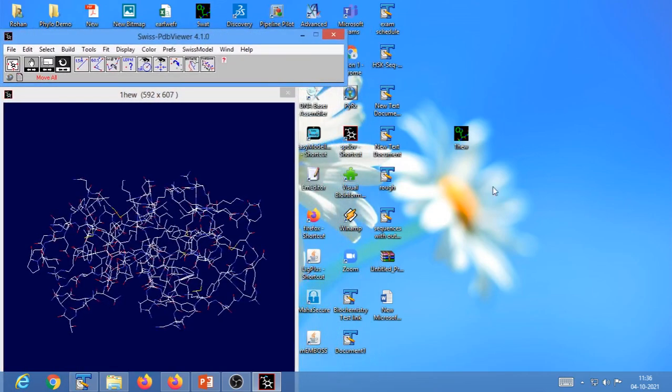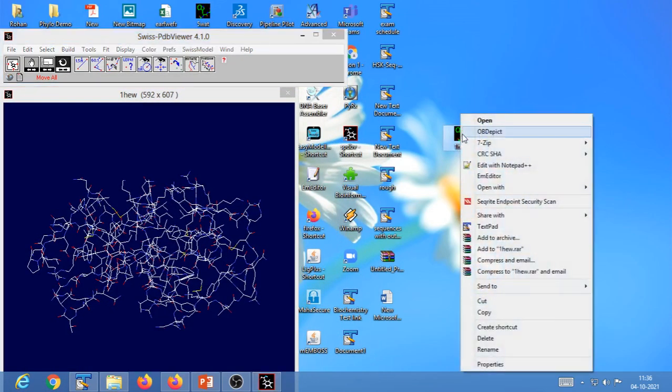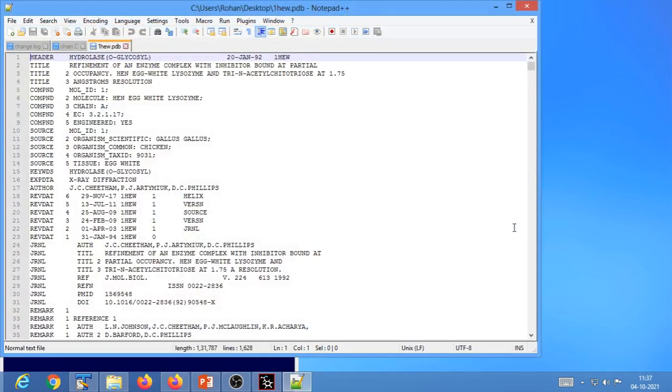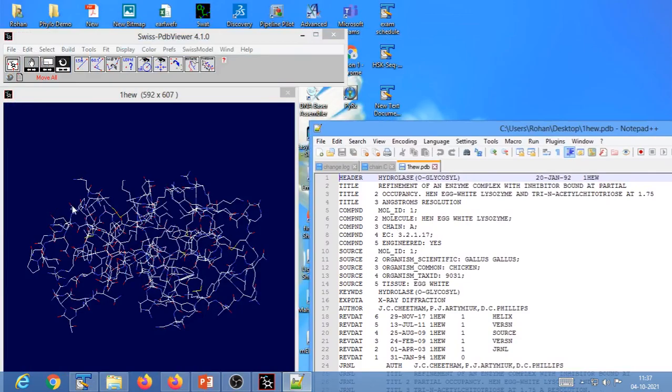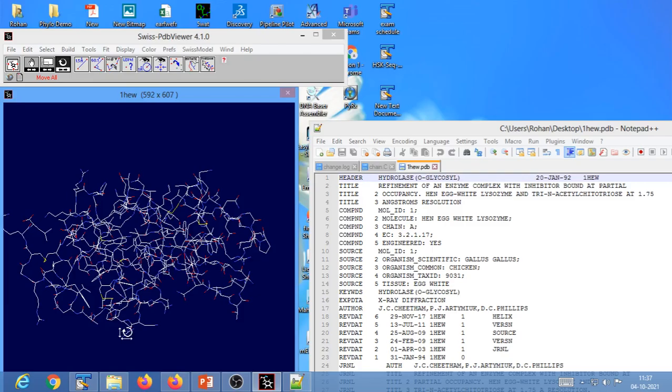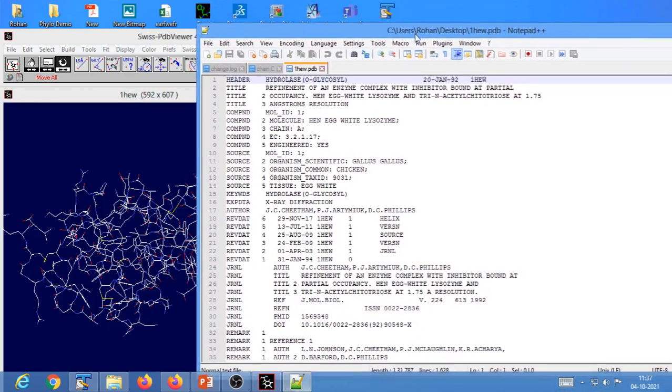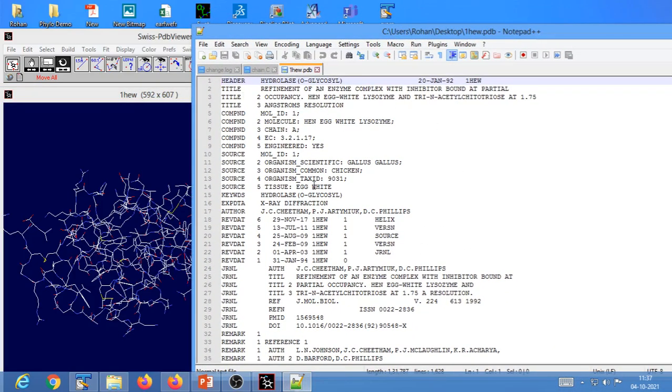The other way is that you can see whatever information is present in your PDB file using any text editor like Notepad++. So you can visualize your textual information. It is the same file that we have loaded into different software. Over here it gives you a three-dimensional representation, and over here it tells you how the structural information is arranged.